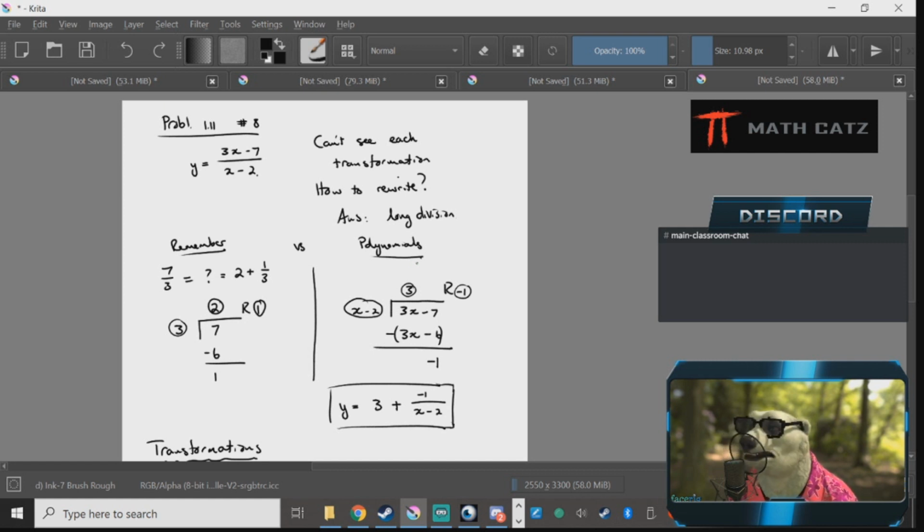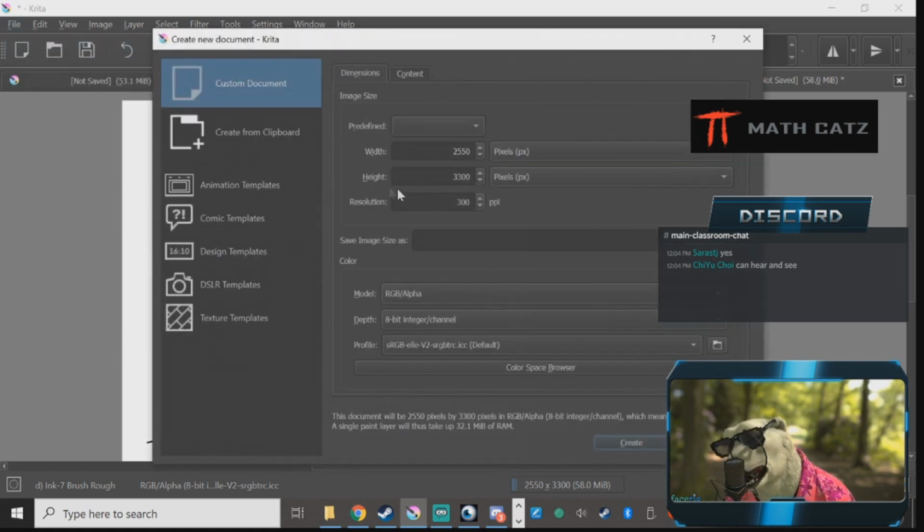Can everyone still hear me and see me? Oh, hiccup. Okay. Sounds good. So that was the worst part over. Long division, that's the worst part of this rational function transformation thing.